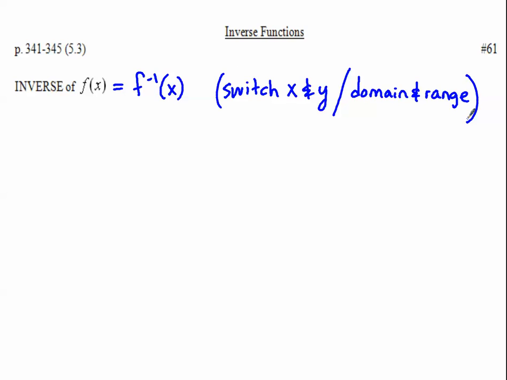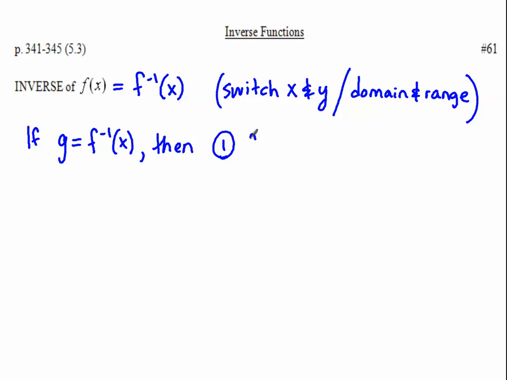Some important things to remember about functions that have an inverse: if we call the function g the inverse of f of x, just to simplify our notation a little bit, then two things are really important to remember.